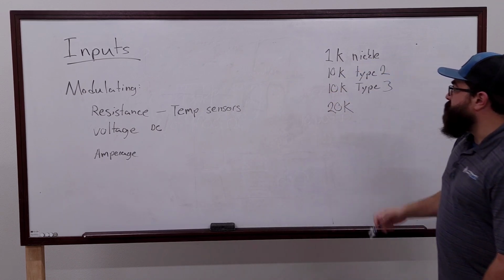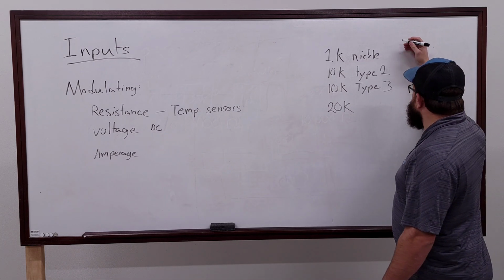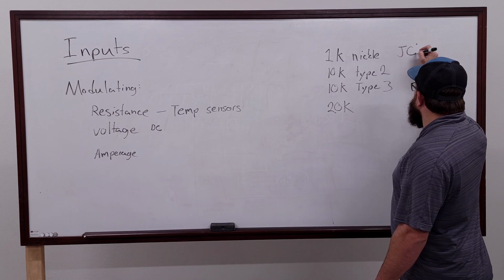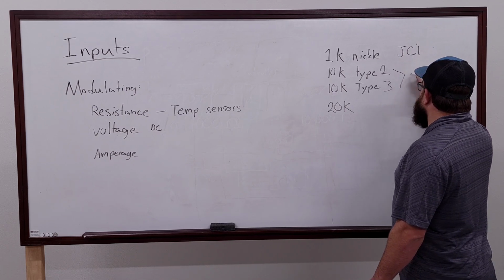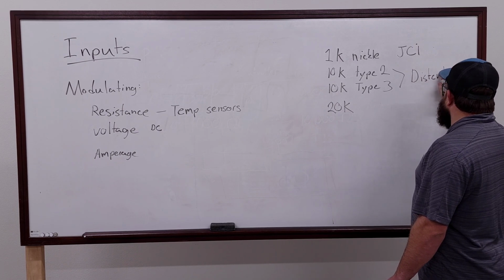Different companies use different scales. This is typically JCI. These two would be Distech.